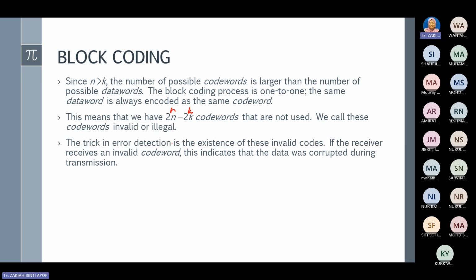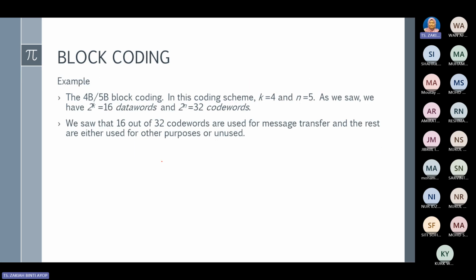The trick in error detection is the existence of these invalid codes. If the receiver receives an invalid code word, this indicates that the data was corrupted during the transmission. For example, remember about the block coding in digital data transmission, right? Remember?